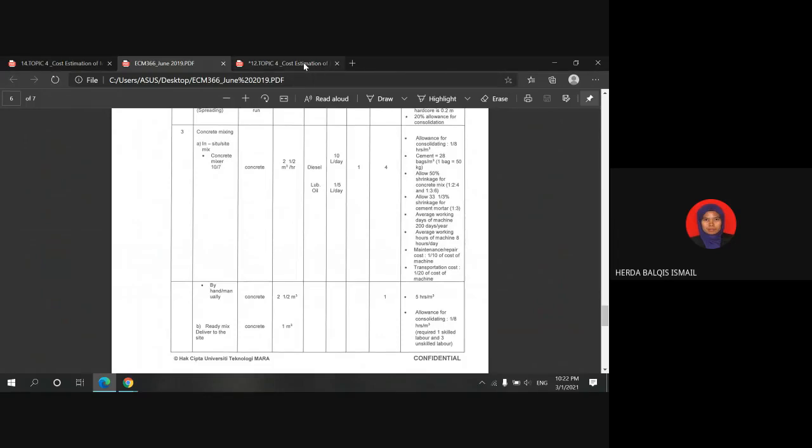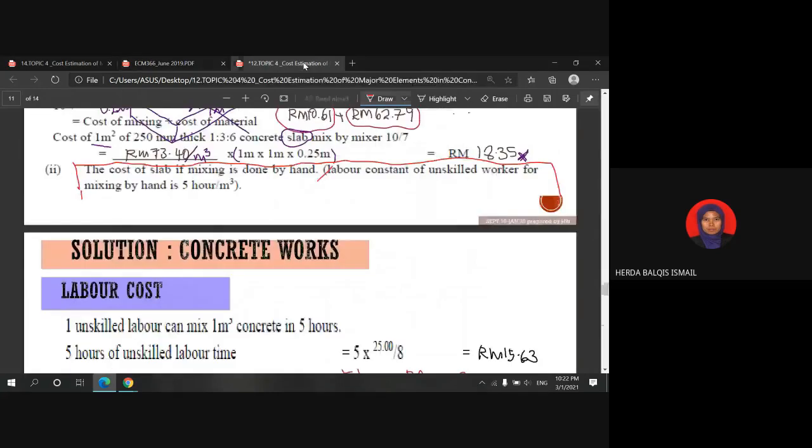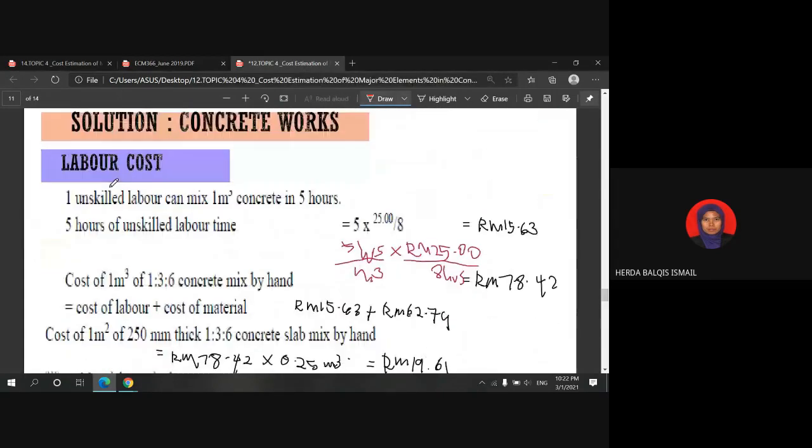Back to the question, we look into how to calculate the labor cost. One unskilled labor requires 5 hours to mix 1 cubic meter of concrete. So the time consumption is 5 hours, and the rate of salary for the unskilled labor is 25 ringgit over 8 hours.